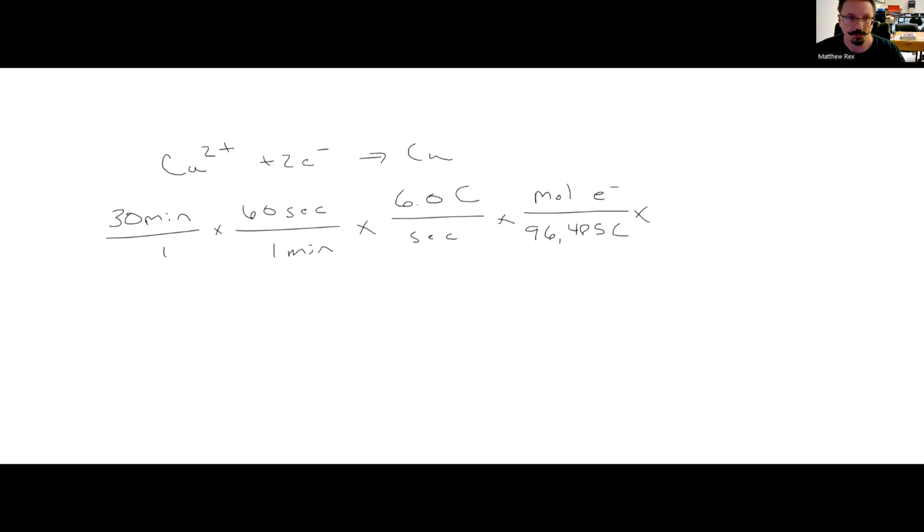Well, copper 2+ going to 0, each one of those is gaining 2 electrons. So we've got 1 mole of copper for every 2 moles of electrons. And then the very last thing we do is multiply by the molar mass of copper, and that is 63.546.